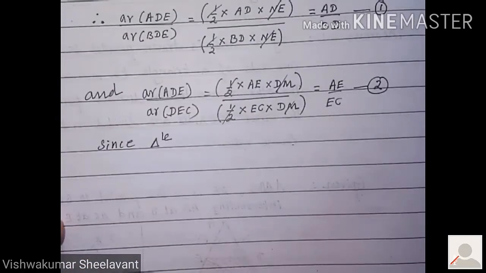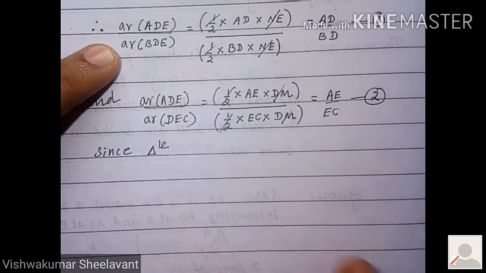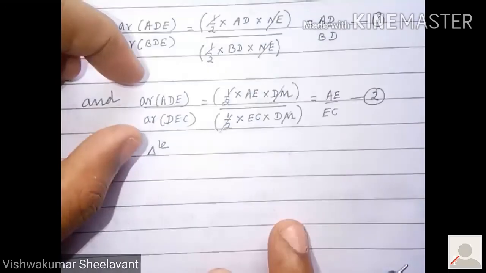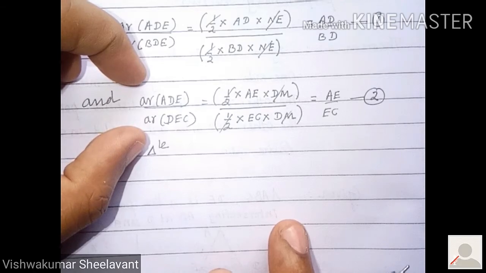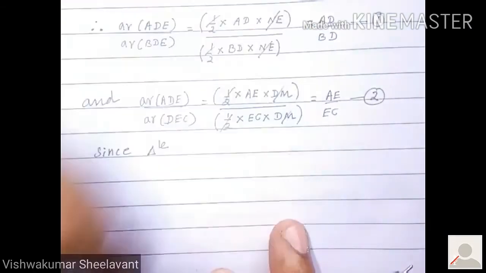You may ask me a question, sir, why are you doing that? Why are you jumping into the 9th standard theorem? The reason is, I have to make equation 1 equal to equation 2, so that AD by BD will become equal to AE by EC.